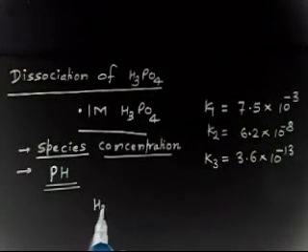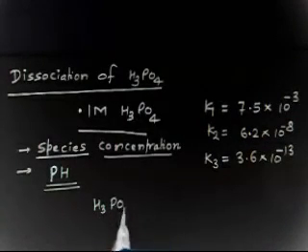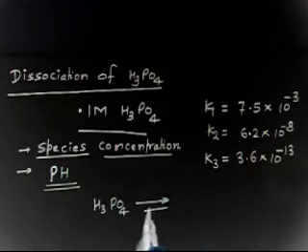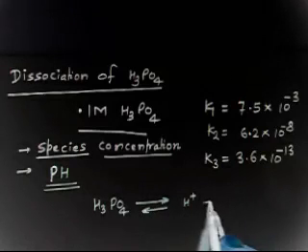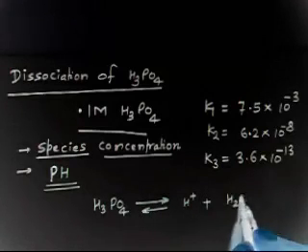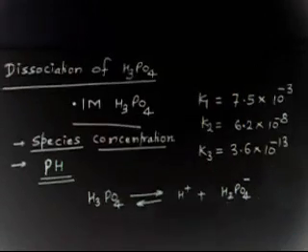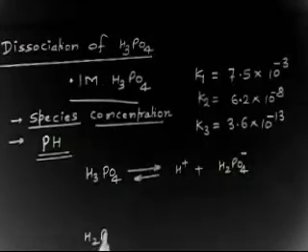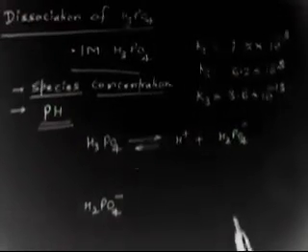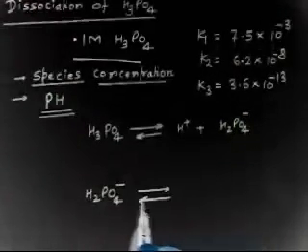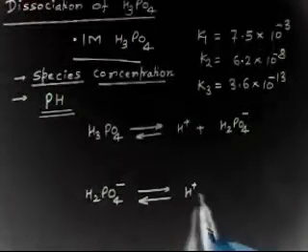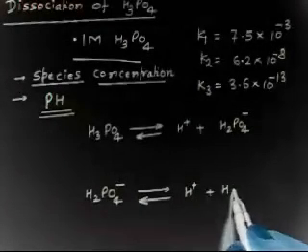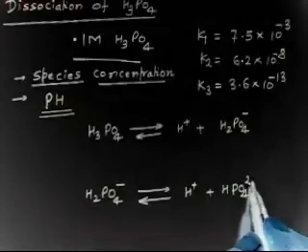So what will happen? You will have the first reaction. H3PO4 will dissociate and give you H plus and H2PO4 minus. So this is the first reaction. In the next reaction, H2PO4 minus, coming from the first step, can further dissociate, and you will have H plus and HPO4 2 minus.